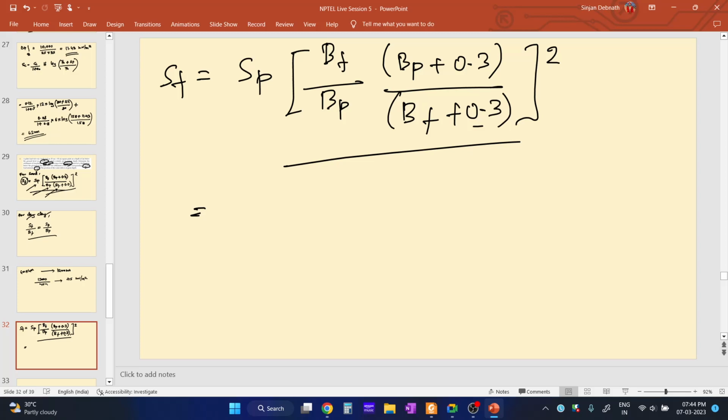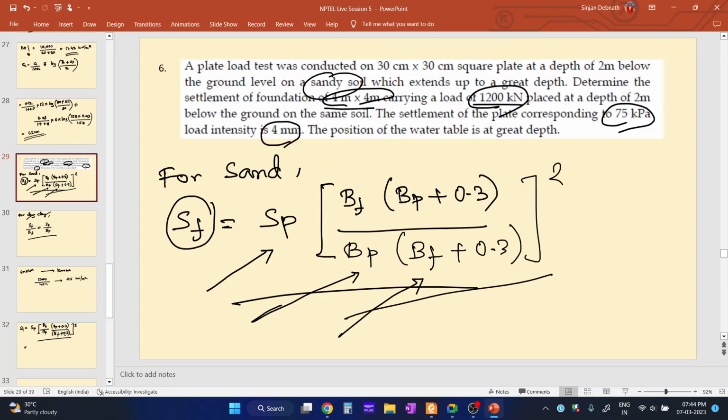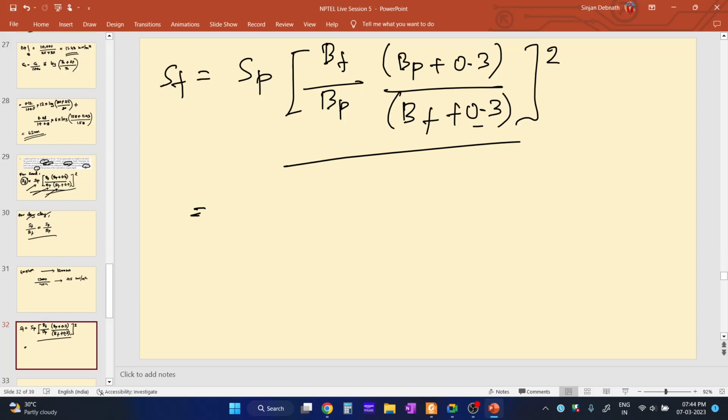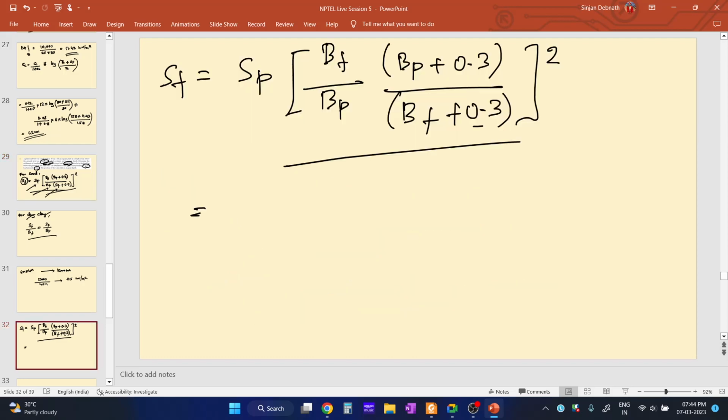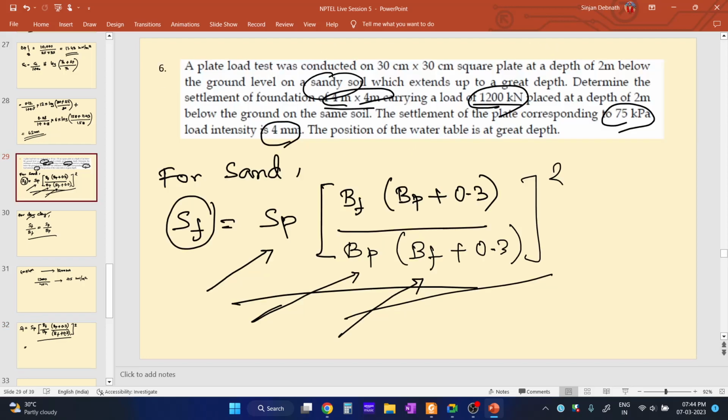Now let me incorporate the values of all the parameters. So SP, what is the size of the plate? The size of the plate is 30 centimeters, that means 0.3. Sorry, this is not the size of the plate, this is the settlement of the plate.